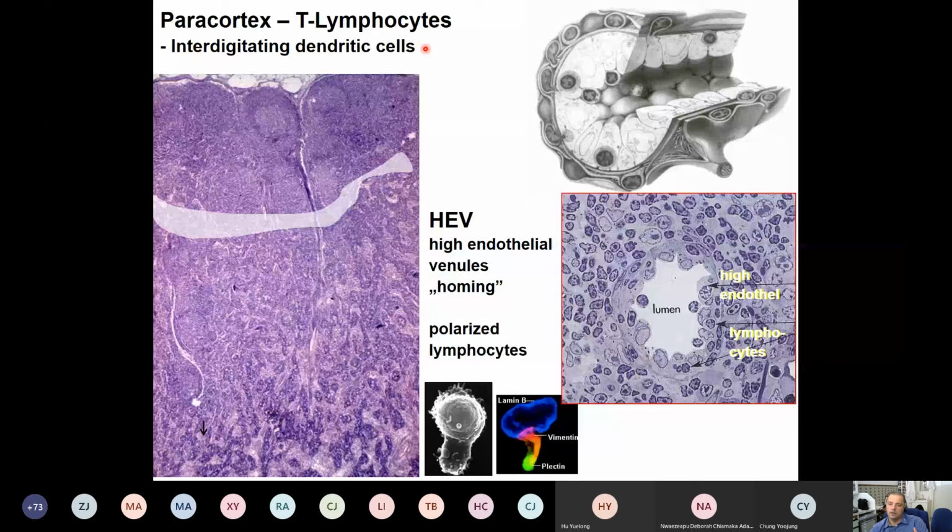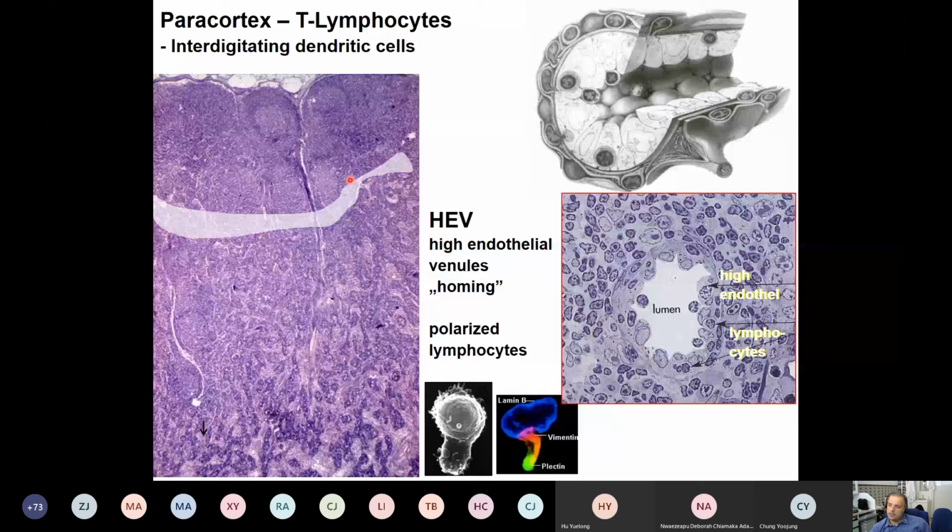Their name comes from their feature that the cells are connected to each other, like you put your fingers together, invaginating into the spaces between each other. That's why they are called interdigitating dendritic cells. They belong to the acquired immune system as well.